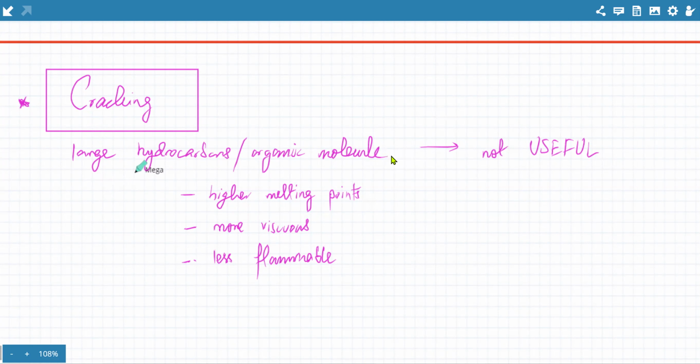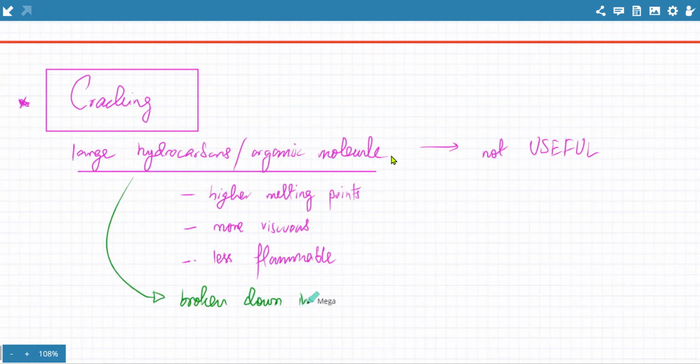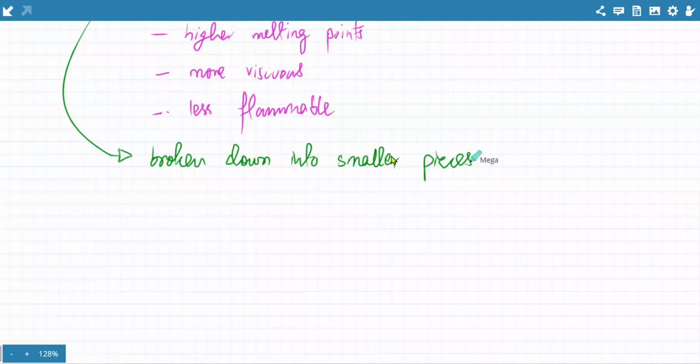So these molecules over here are broken down into smaller pieces.